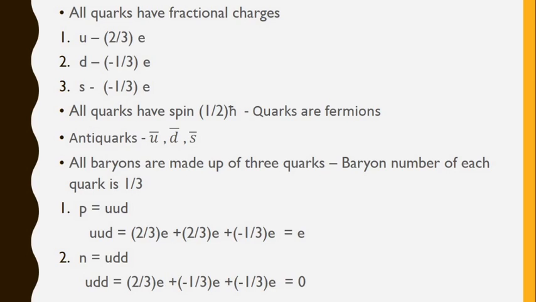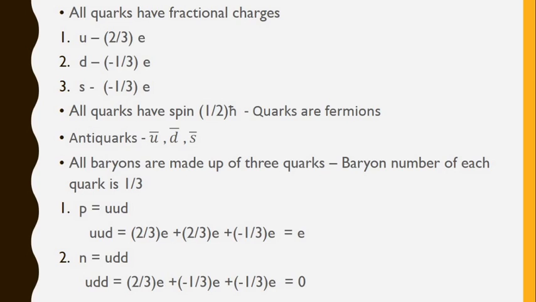It will be minus 2 by 3 e. The charge of D bar will be 1 by 3 e. Also, the strange quark S has charge minus 1 by 3 e, so the antiquark S bar will have charge 1 by 3 e.